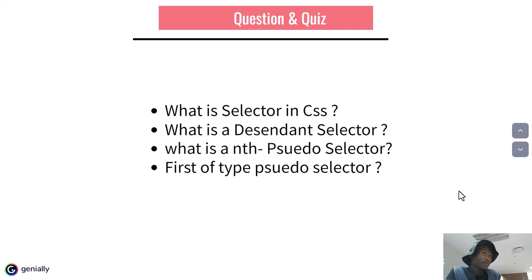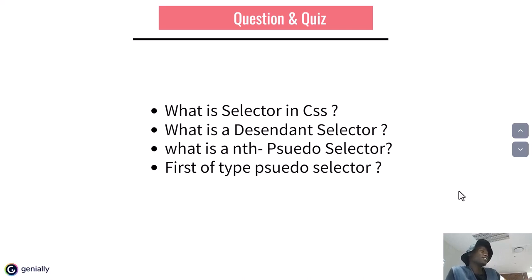Who can tell us about the first of type pseudo selector? I spoke about everything besides that selector. Anyone? Okay. So let's say you have an ordered list that has 4 nested list items.